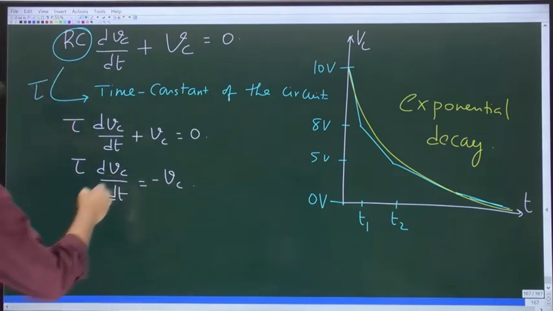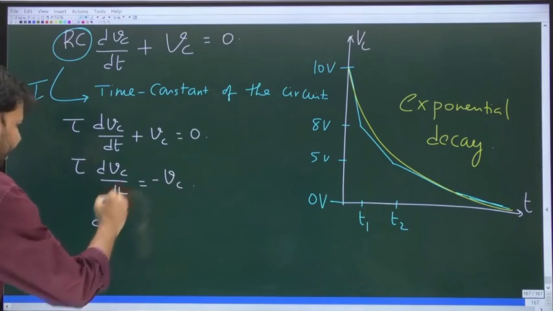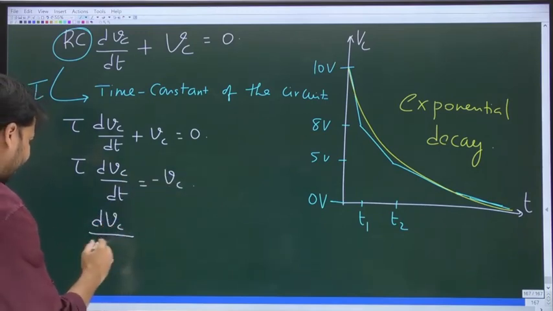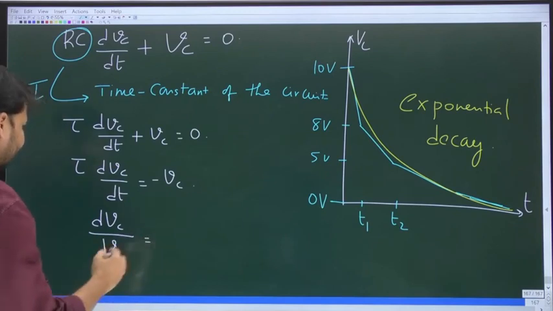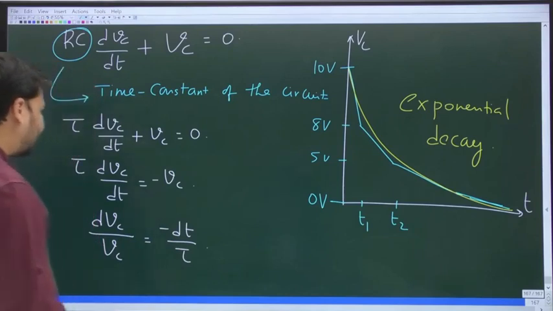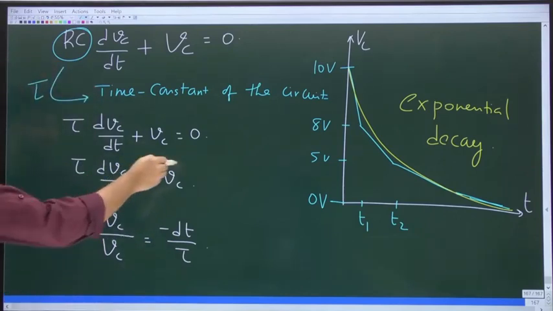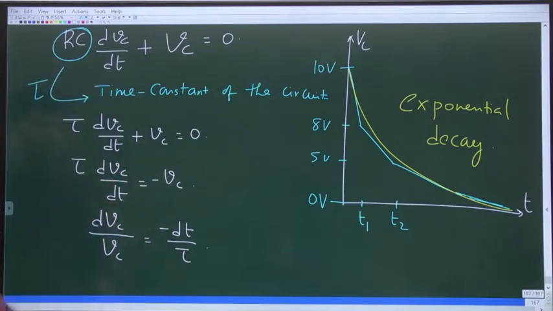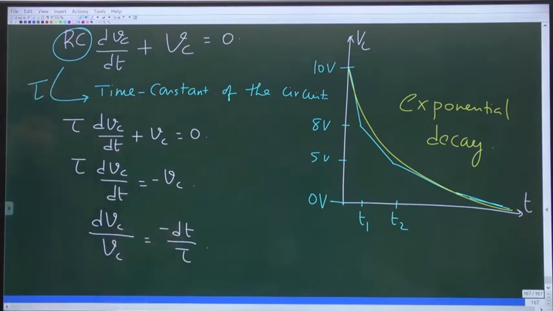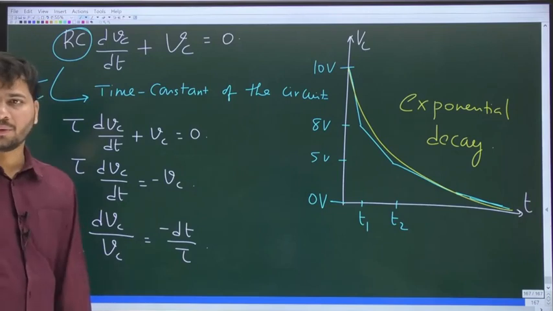Now this Vc will come to the left hand side and dt will go to the other side. Tau goes to the other side, dt also goes to the other side, Vc will come to the left side. dVc by Vc is equal to minus dt by tau.